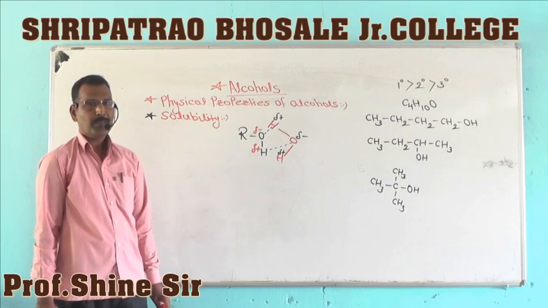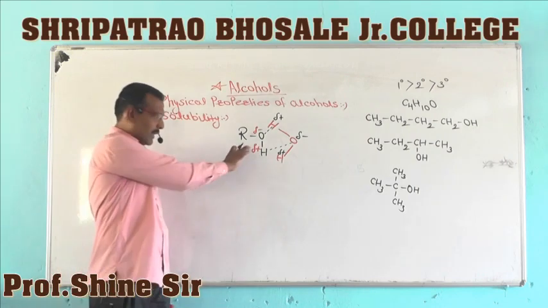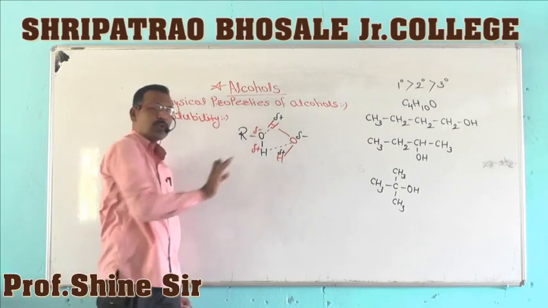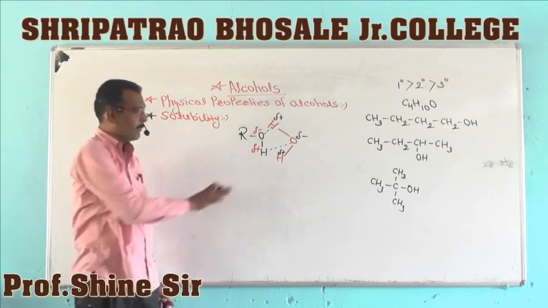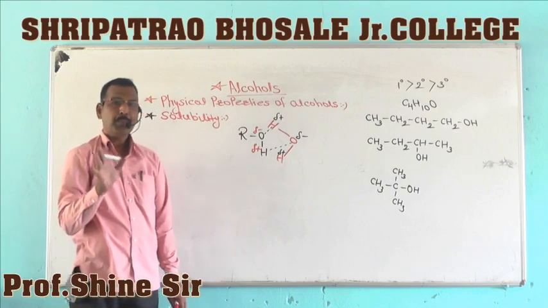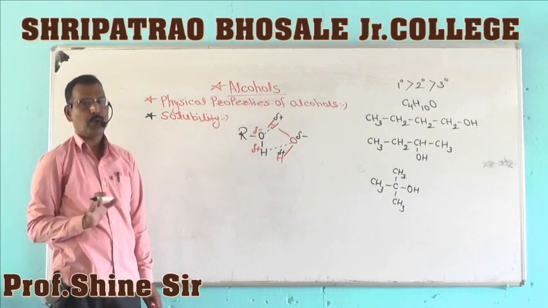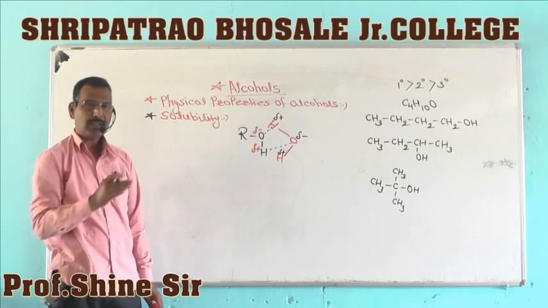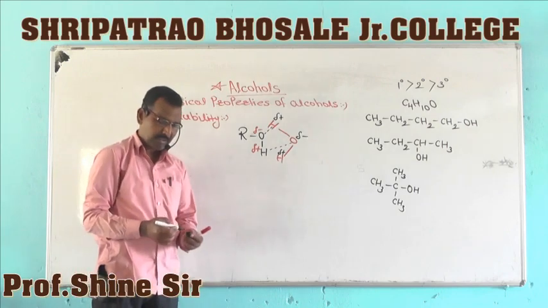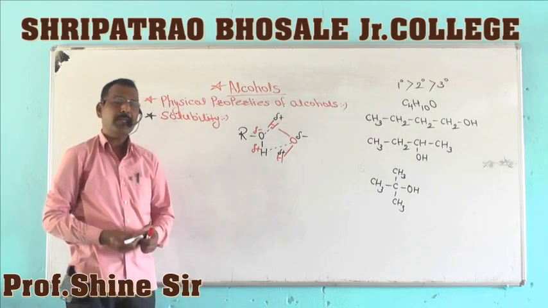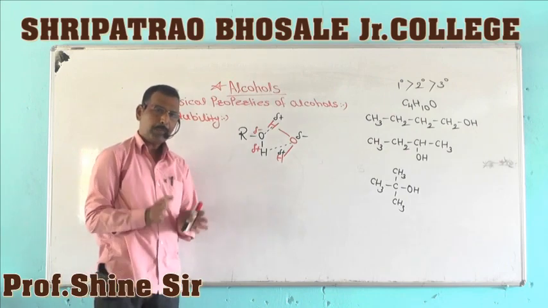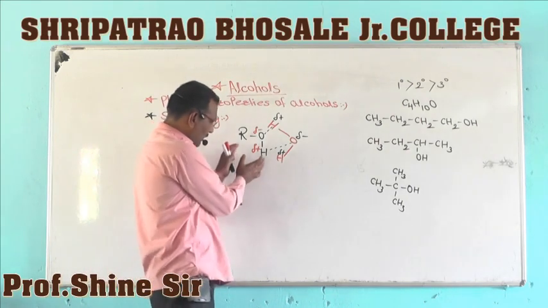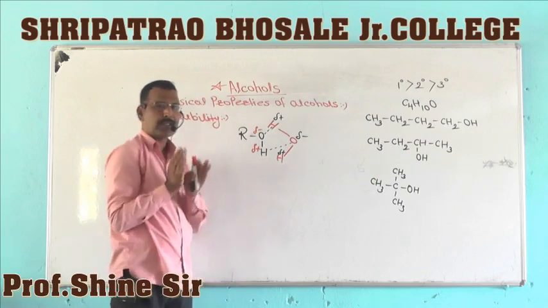Is it clear? So alcohols form bonds with water molecules, and therefore lower alcohols are soluble in water. As the molecular weight increases, their solubility decreases. What happens here? In alcohols there are two parts.